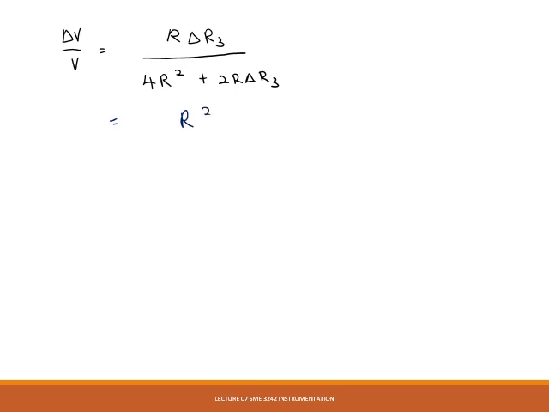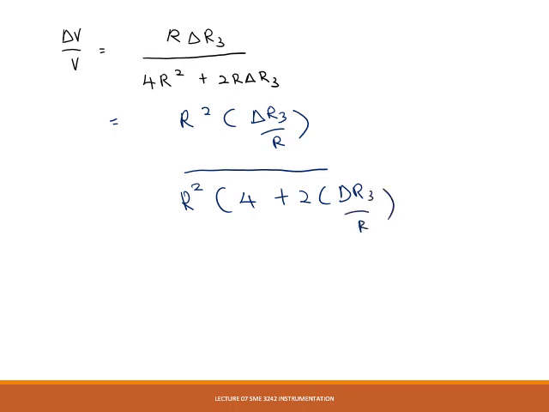So we get change of R3 over R, over R square, sorry, not R cube, R square, multiply with 4 plus 2 change of R3 over R. So this can be cancelled. So we get the final equation: change of R3 over R divided by 4 plus 2 change of R3 over R.